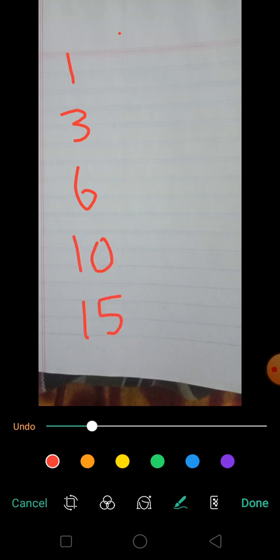Correct? So 1 plus 2 is 3. 3 plus 3 is 6. And the next is what? 2, 3, 4. 6 plus 4, 10. After 4 we have 5. So 10 plus 5, 15.